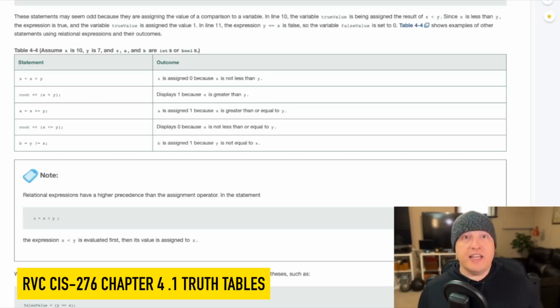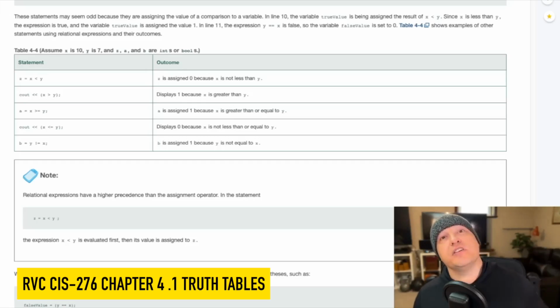So when I'm evaluating x equals x less than y, what happens is the right-hand side of the operator is evaluated first. So the right-hand side of equals goes first. Is x less than y? Is 10 less than 7? No, that evaluates as false. And false has a value. The value of false is 0.